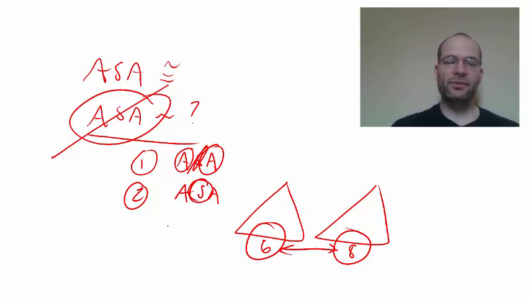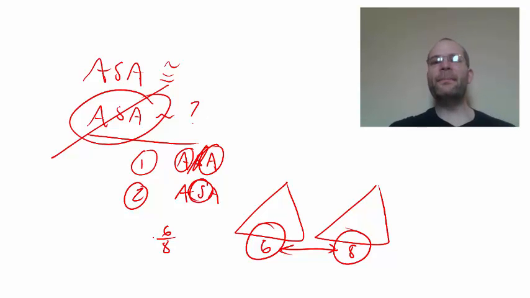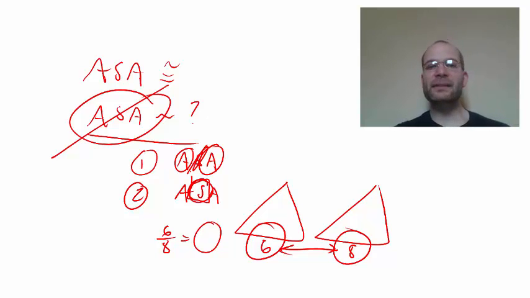The best I can do is create a ratio. But remember, a proportion requires two ratios. And if I'm only dealing with one side, then that second ratio is missing. So when I think about this idea of angle-side angle similarity, it's both too much information and at the same time not enough. So there is no such rule.